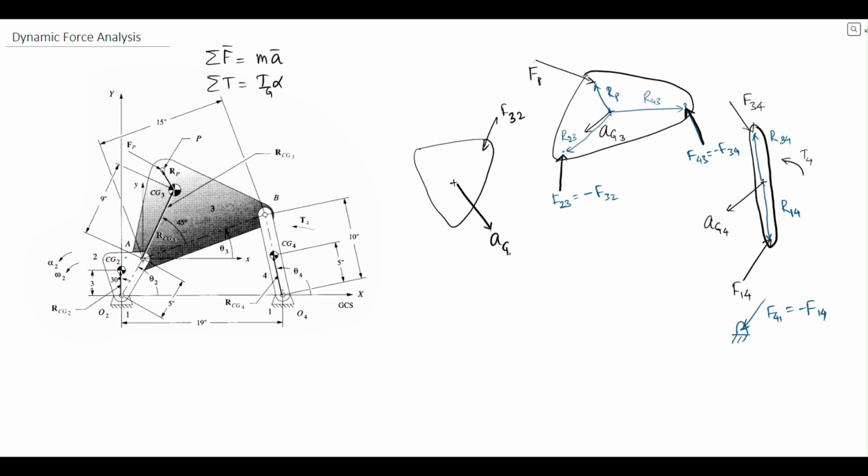This is aG2, and then there is a reaction force F1 on 2. We can mark the positions: where this F32 is acting is R3 with respect to 2, and where this is acting is R1 with respect to 2. At the pivot, we know that there's an equal and opposite F2 on 1. This is sorted.